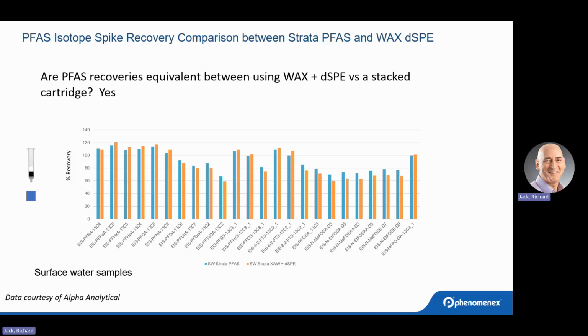But the main point here is to notice that the bars are pretty much the same size. And the two different colors represent the different steps. So the blue represents the single stacked cartridge, and the orange bar represents the weak anion exchange followed by this dispersive SPE cartridge. So we get equivalency at this one laboratory, courtesy of Alpha Analytical, for surface water samples.